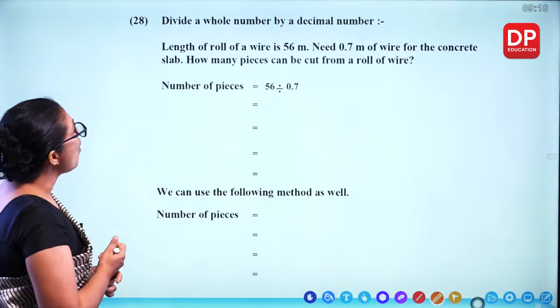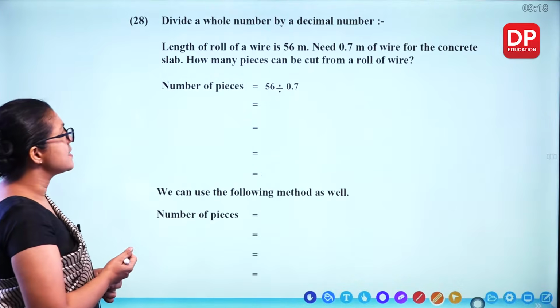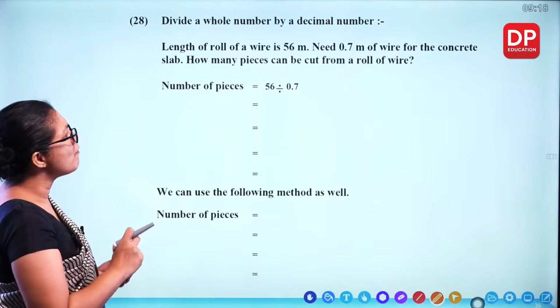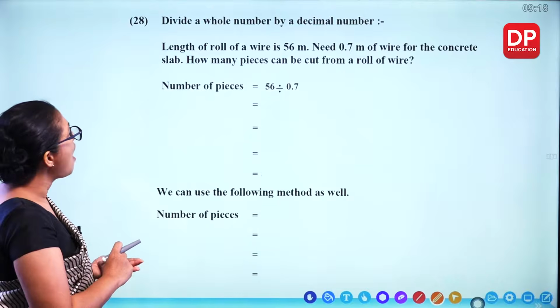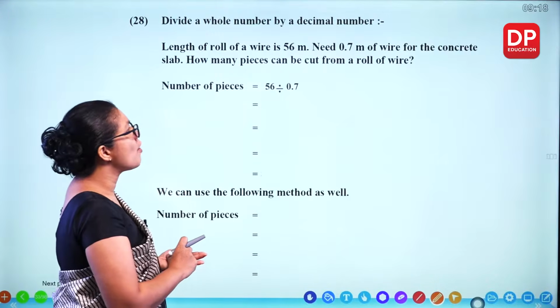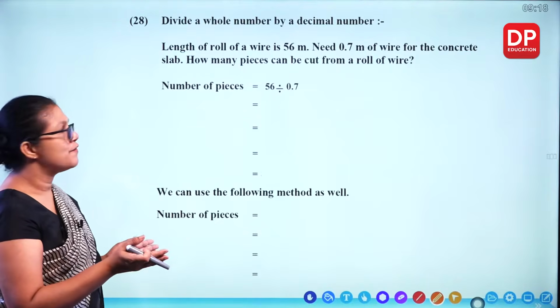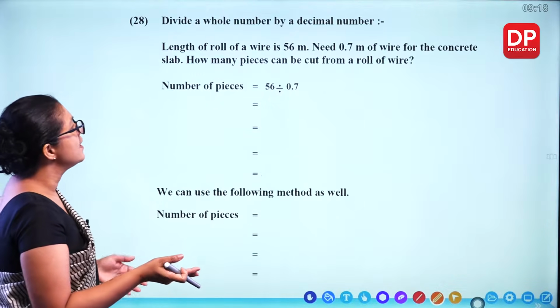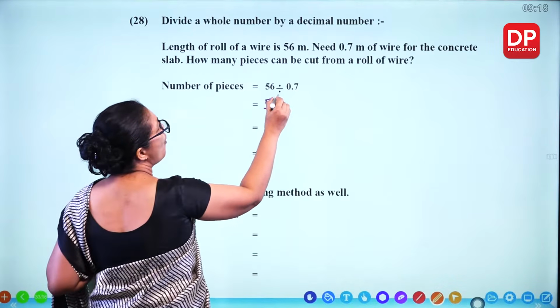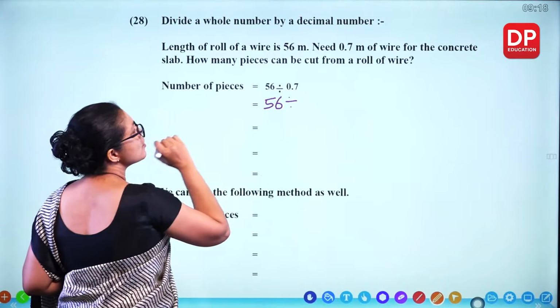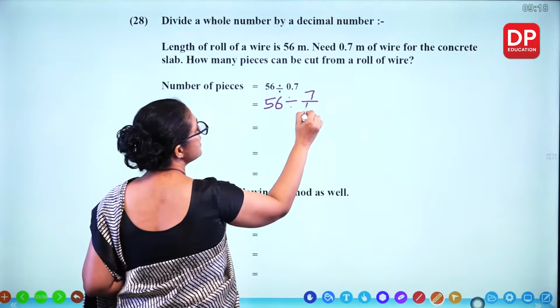Divide a whole number by a decimal number. Length of roll of wire is 56 meters. Need 0.7 meter of wire for the concrete slab. How many pieces can be cut from a roll of wire? So we have to divide. 56 divided by 0.7. So convert 0.7 to a fraction, 7 over 10.